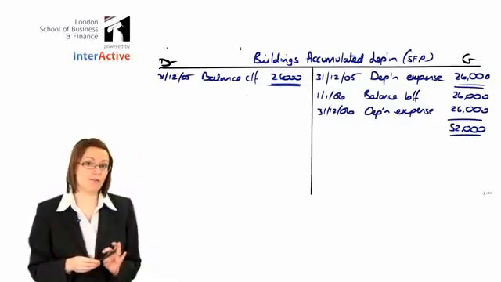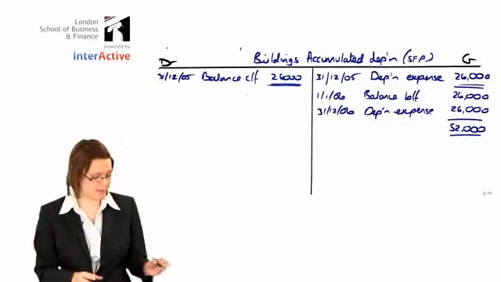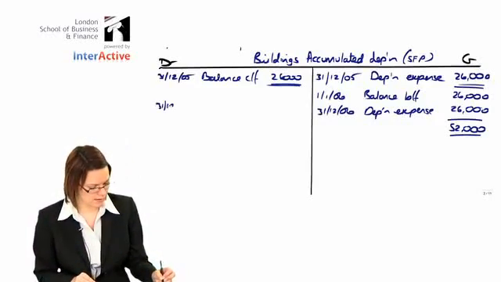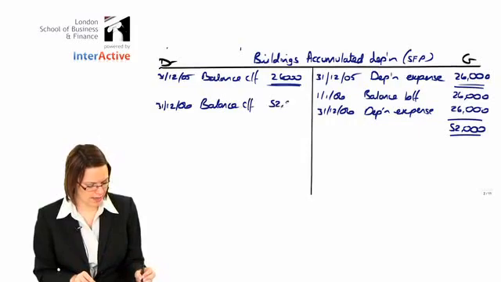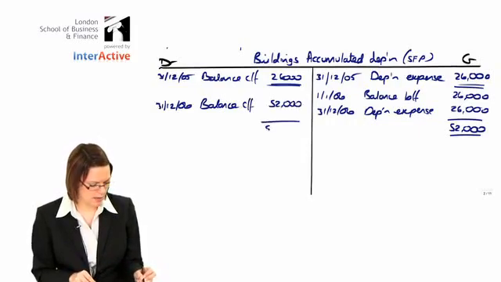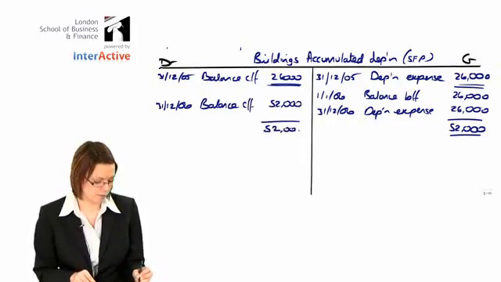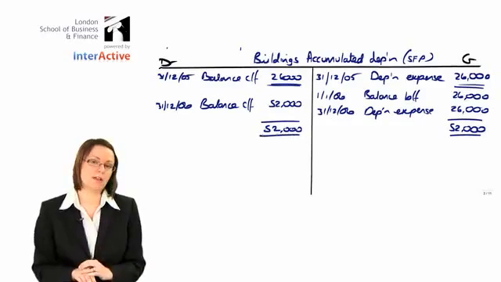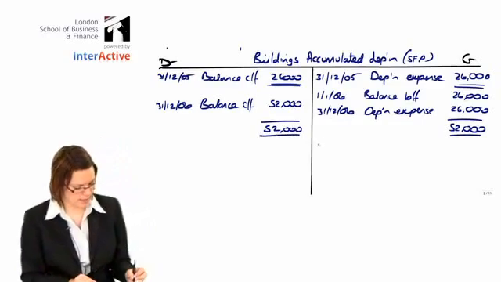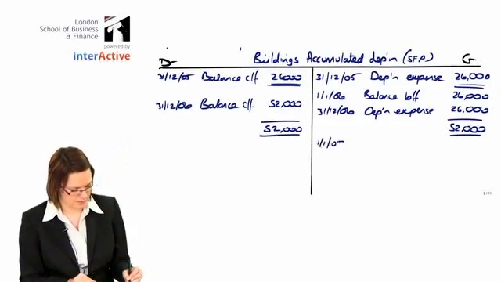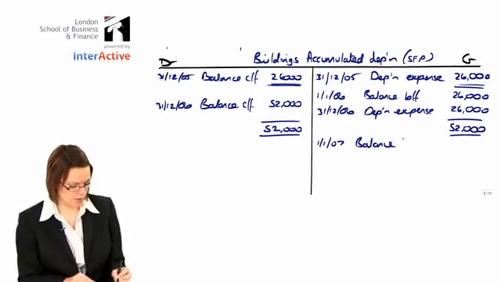So our balance carried forward for 2006 will be 52,000. And that would equal the credit side as a result. So then your opening balance to start 2007 with will be that 52,000.